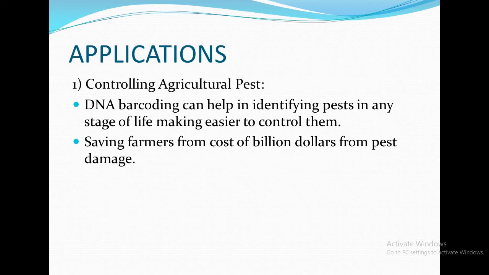Applications. First one, controlling agricultural pests. DNA barcoding can help in identifying pests in any stage of life, making it easier to control them and saving farmers billions of dollars from pest damage.